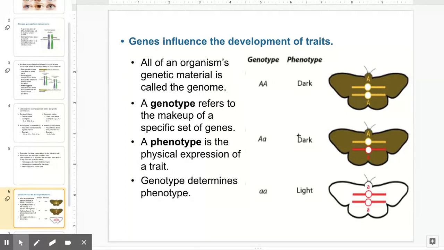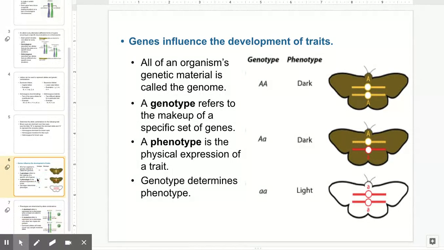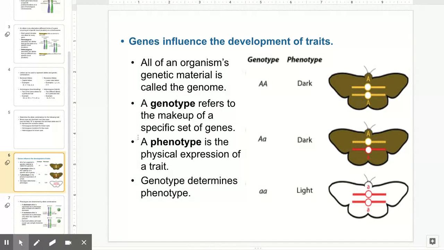Those are the traits or the physical characteristics. Now, what determines the phenotype or the physical characteristics is the genotype. So very, very important here. Genotype determines phenotype.